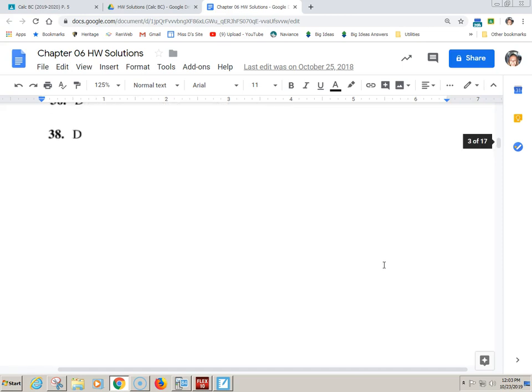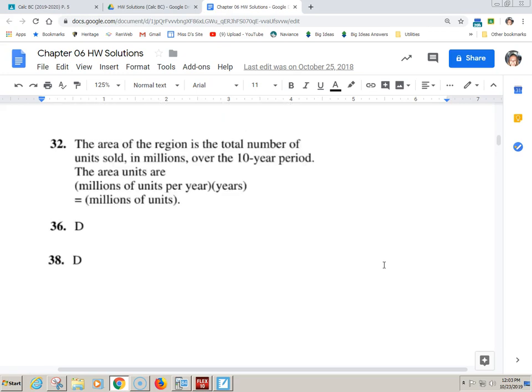I think that's our last even. Oh, nope, we have these little baby ones at the end. Lo siento. They're asking for units. On number 32 it would have just been millions of units because the per year and the years cancel out. And then 36 is D and 38 is D.